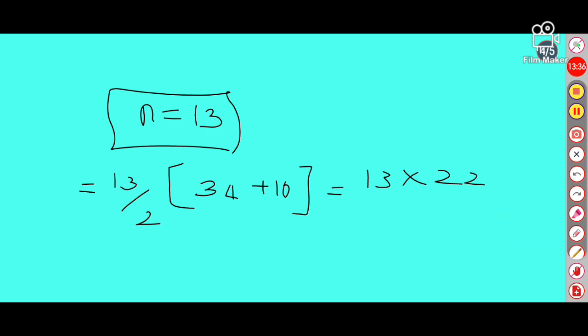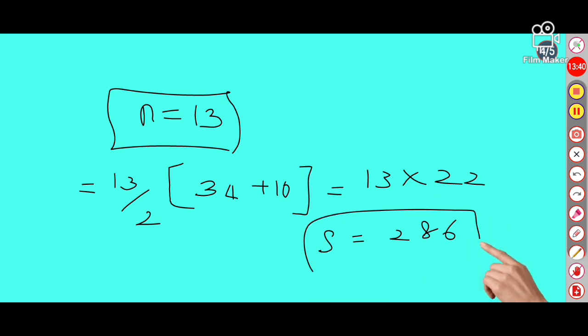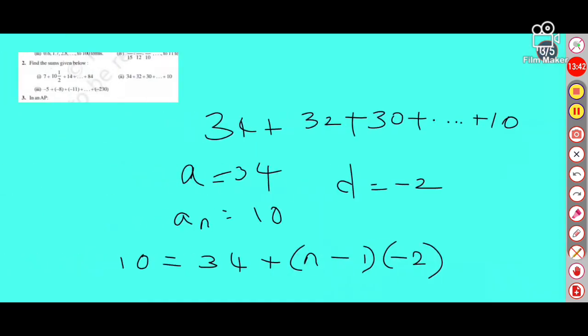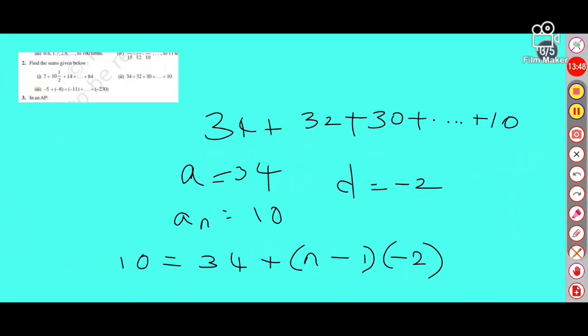When you simplify this, you get 286 as the sum value for this second subdivision. So this is the net sum of the entire AP 34, 32, 30, and so on up to 10.